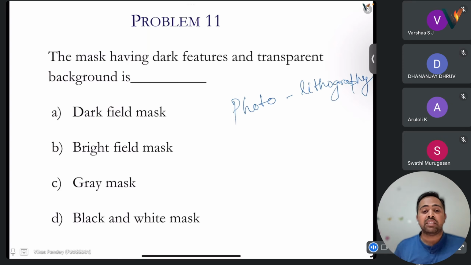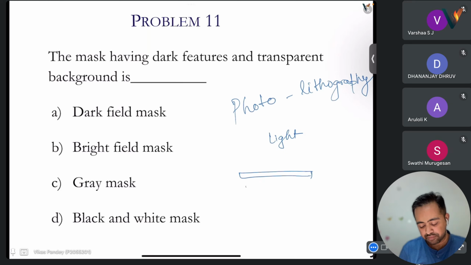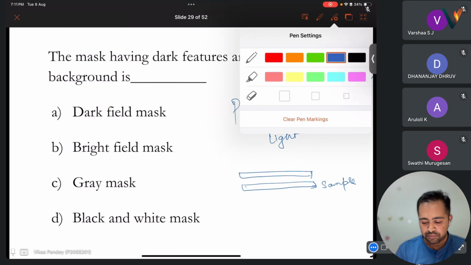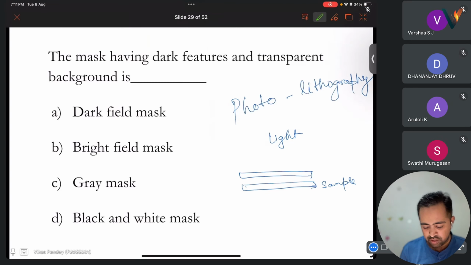So there is something called a mask that is between this light and our sample. On the top of the sample, we will have HMDS and PR coated, as we saw earlier also.